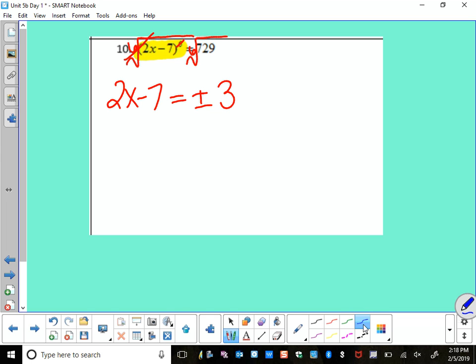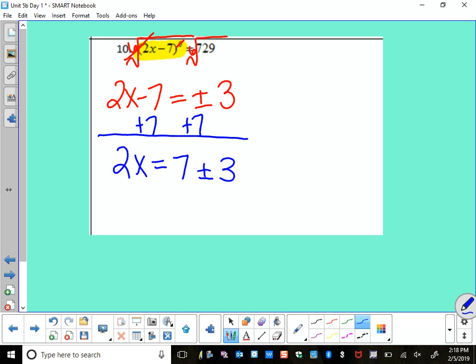This part gets a little tricky. When I want to solve for x, I move my 7, so I'm left with 2x is equal to, keep that 7 in front of your plus or minus 3. Don't make it 10, because it's not 10. It's 7 plus 3, 7 minus 3. So I'll just keep it all the same for now.